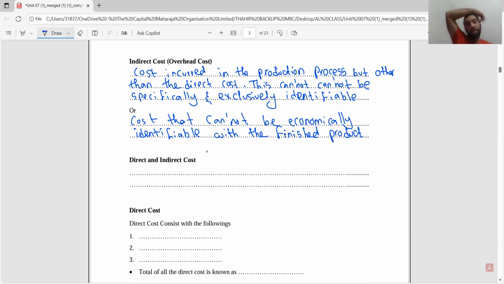Cost that cannot be economically identifiable with the finished product.